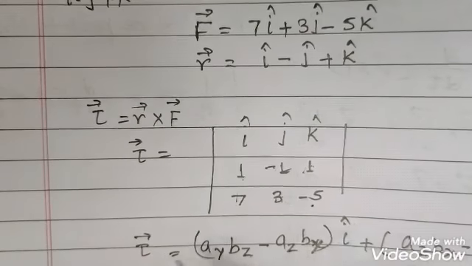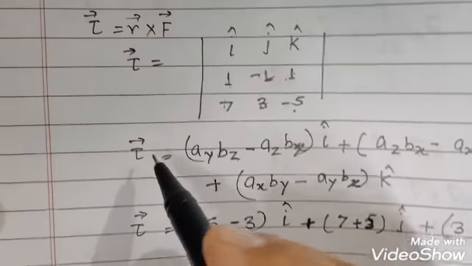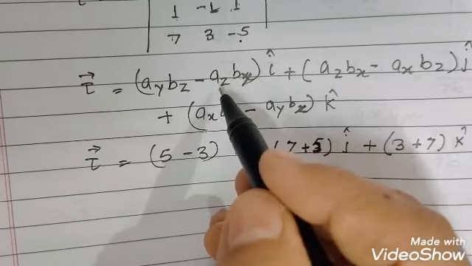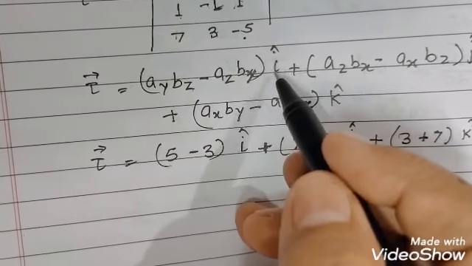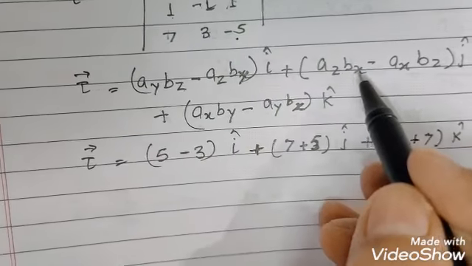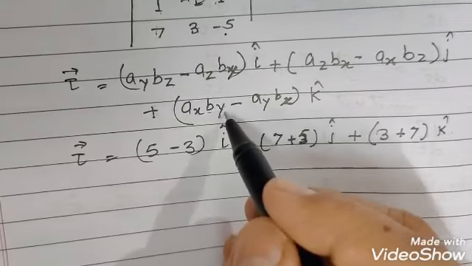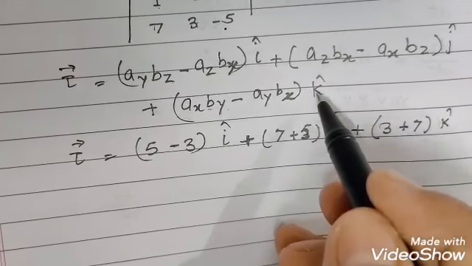Now we will apply the formula of the determinant, that is tau equal to (aybz minus azby) i cap, minus (azbx minus axbz) j cap, plus (axby minus aybx) k cap.